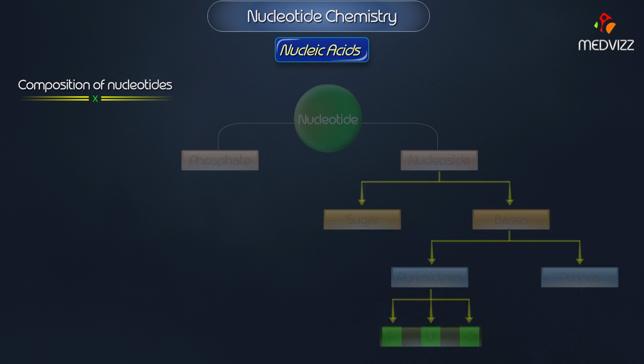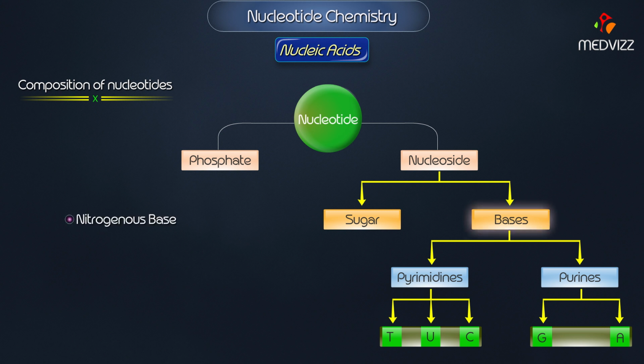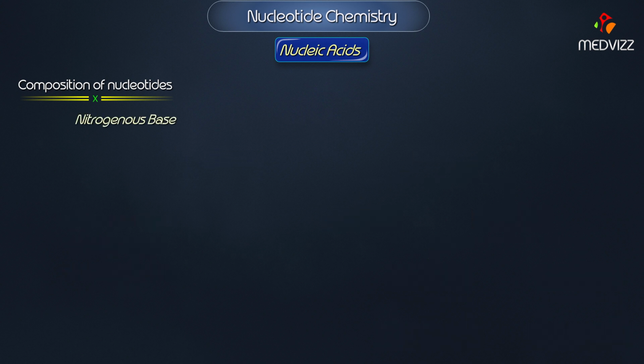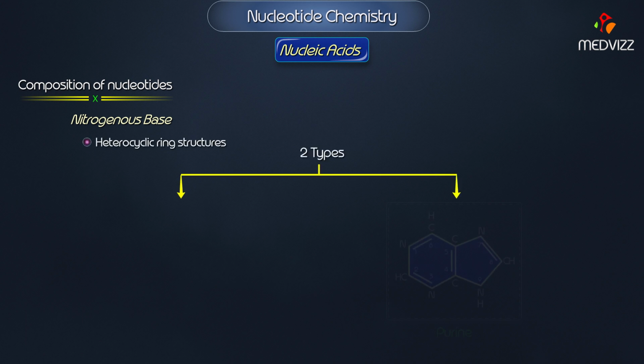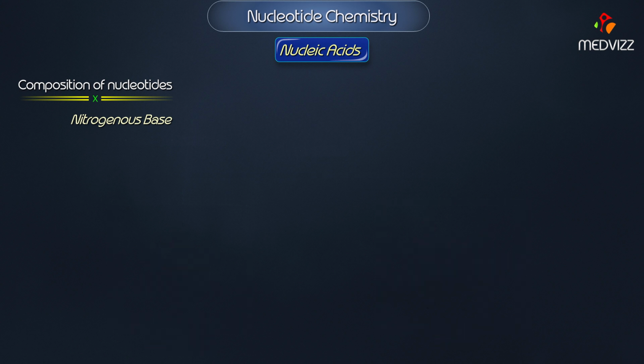Composition of nucleotides. The components of nucleotides are nitrogenous base plus a pentose sugar plus phosphate group. Nitrogenous base. They are nitrogen-containing heterocyclic ring structures. Two types of nitrogenous bases are purine and pyrimidine.